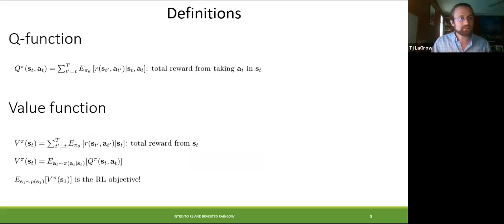Just for some definitions, the Q function here is taking a policy of a state and action in time, where it's then getting the expectation of the reward for that state and action. We can then formalize that to a value function as well. And then we have our reinforcement learning objective.